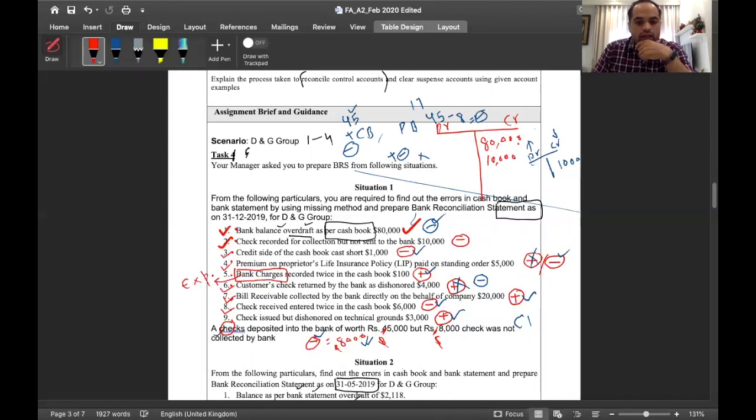Next is number 3, 1,000. Debit, credit? Credit, 1,000. And number 4, 5,000. Credit, which is 5,000.